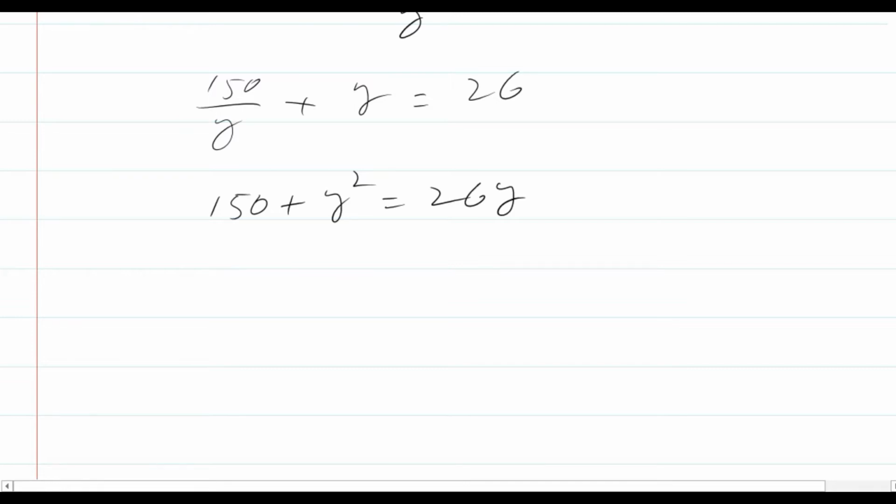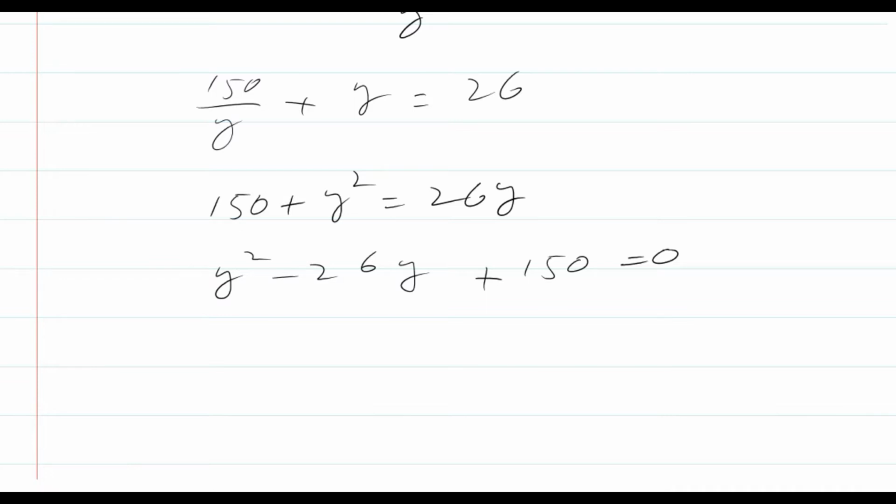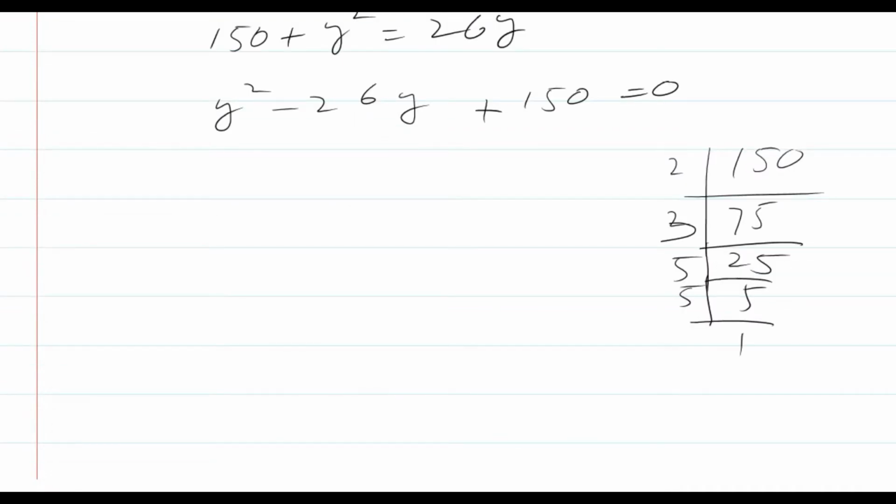Rearranging, you will get y square minus 26y plus 150 equal to 0. This is a quadratic equation, and let's see how we can solve it. Now in this case you can see middle term breaking is not possible, and we will use the quadratic formula.